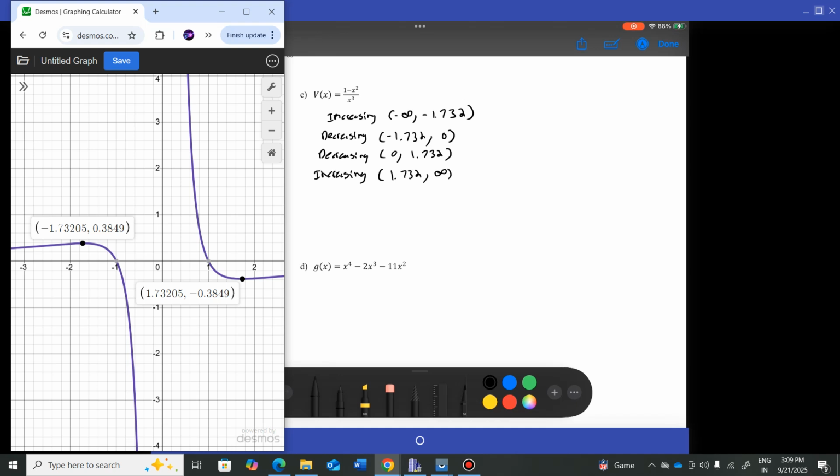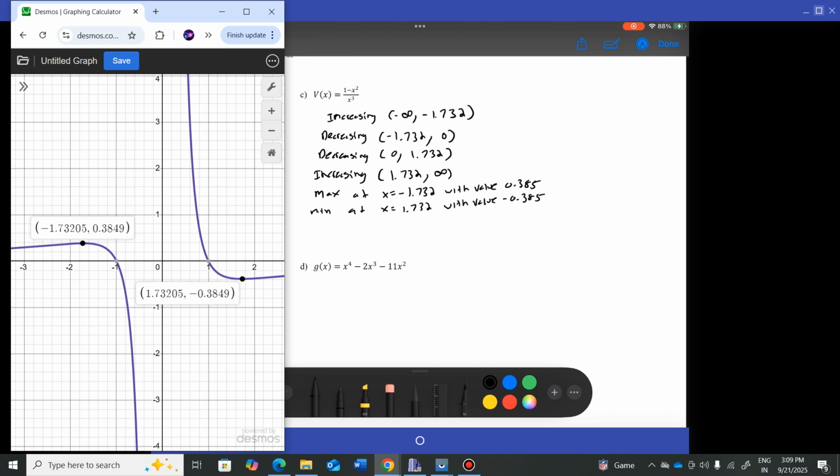And so we have a max point at x equals negative 1.732 with value 0.385, a minimum at x equals 1.732 with value negative 0.385.